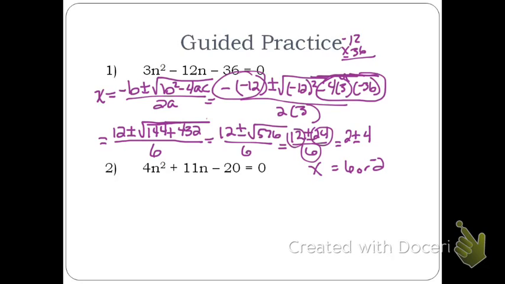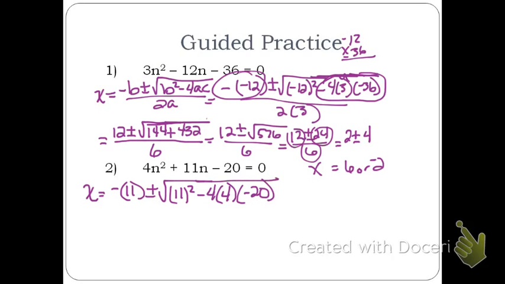Alright, this one again. The quadratic equation, again: x is equal to the opposite of b, or negative b, plus or minus the square root of b squared minus 4 times a times c, all over 2a.